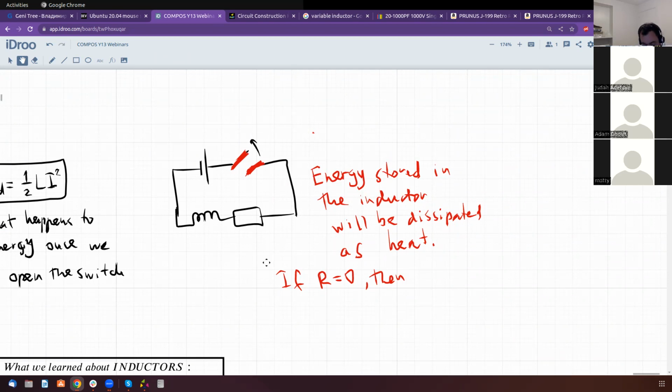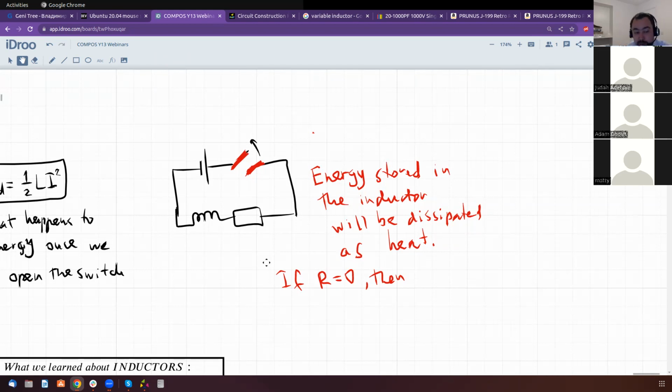Well, okay, I have to mention that LC circuits will not go on forever. Unlike a perfect swing, right? Like a perfect swing with no friction, which will keep going on forever.